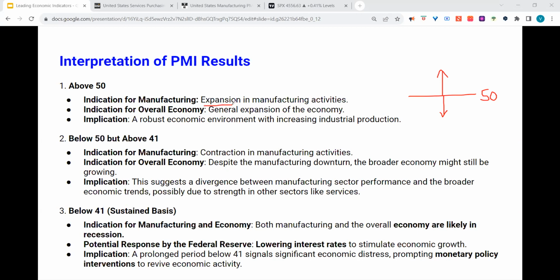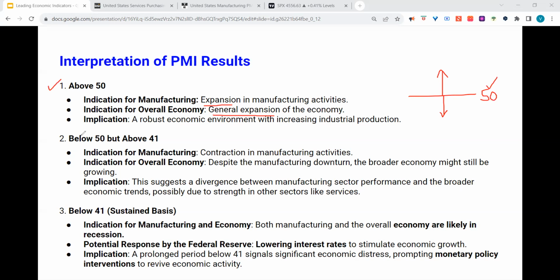Now, PMI is not only a handy tool for manufacturing, but also for the overall economy. So when the PMI reading is above 50, it indicates a general expansion in the economy. Overall, above 50 is a good condition. There are expansionary tendencies in the economy, with both manufacturing as well as the economy growing. This is the first interpretation of PMI above 50.